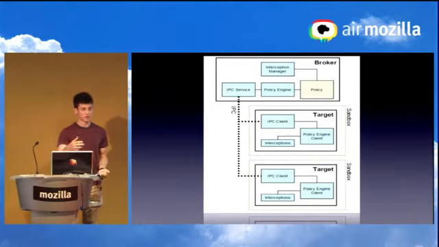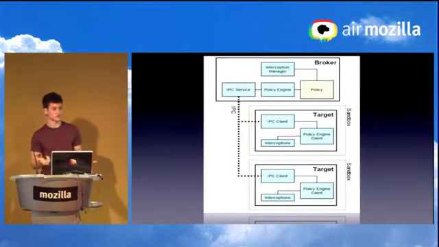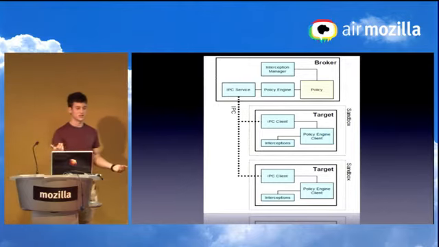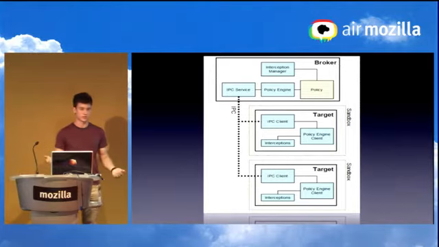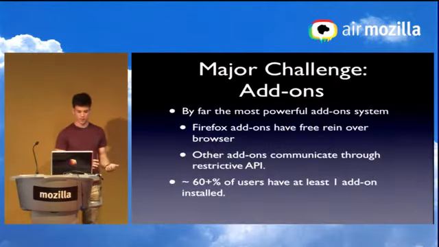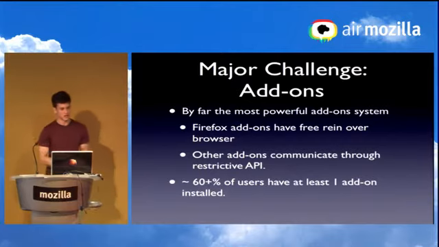And the broker compares that to the policy and says, is that allowed? Can that target access this resource? For add-ons, it's really hard for us to say what resources a given add-on needs to access. So if it's not in the policy, the broker just returns a failure and the target will fail when it tries to access that resource. So add-ons are the biggest challenge.